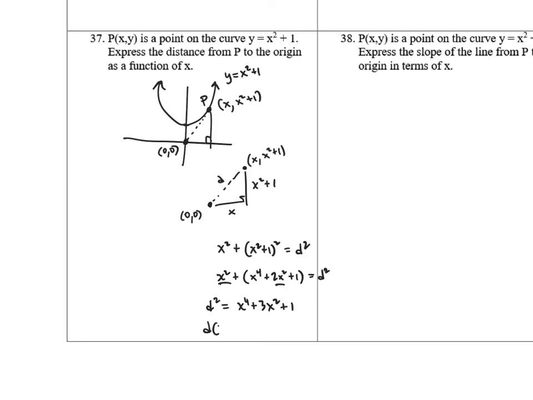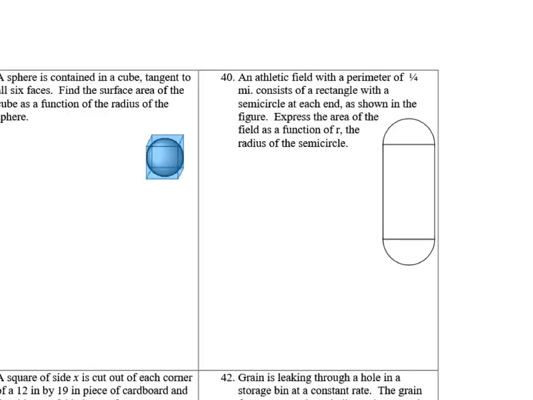So the distance with respect to x would be the square root of that. That's a pretty good one. But noticing that the distance formula really is just Pythagorean theorem will be helpful there. Anytime you get a right triangle, that's probably a good first guess. Okay, let's move on to the next slide.